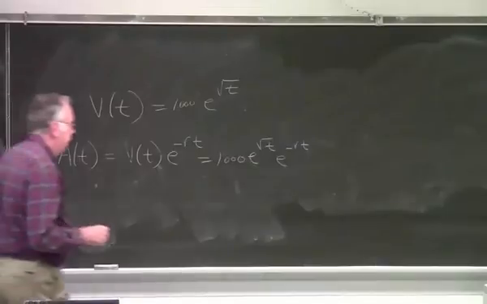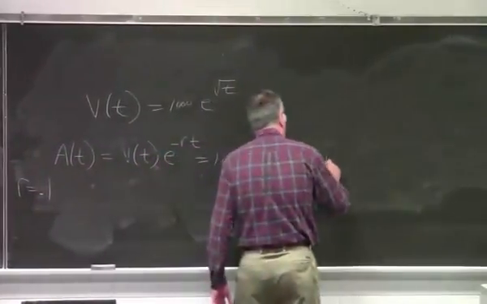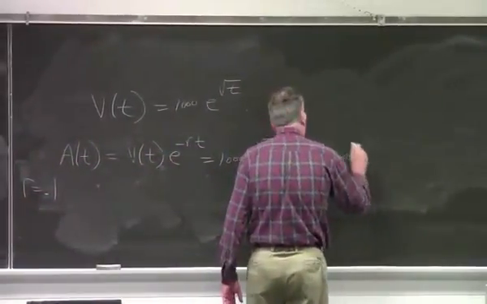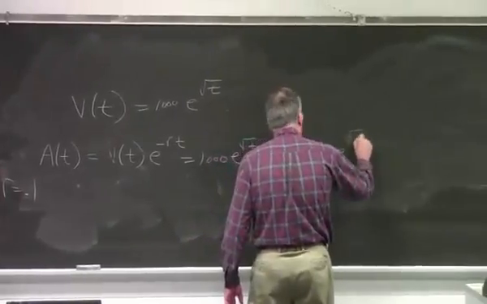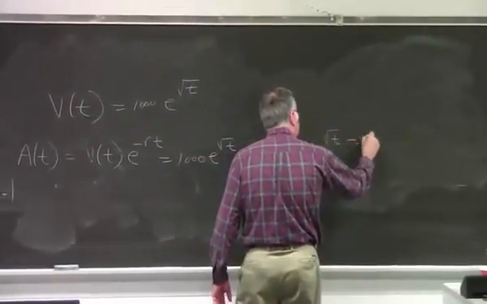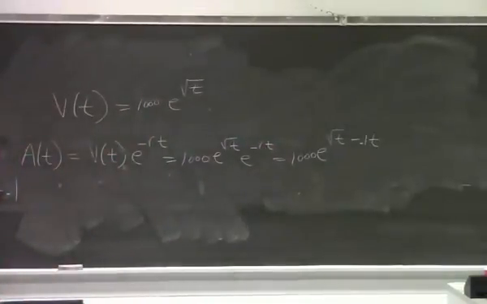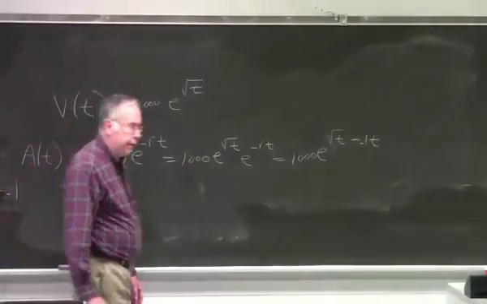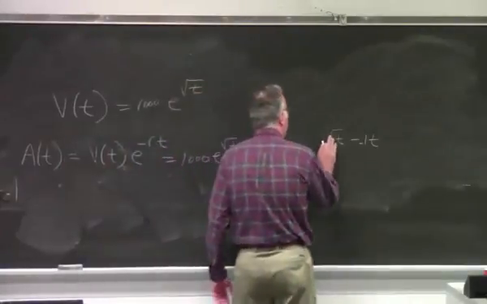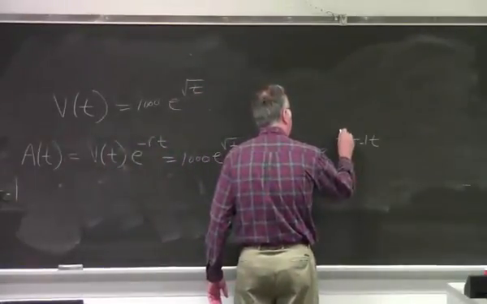And this becomes equal to 1,000 e to the square root of t minus 0.1 t. Let's realize that r is 0.1, so we'll substitute that in. And let's do one more thing. Instead of writing this as a square root of t, let's use the equivalent expression, t to the 0.5 power.